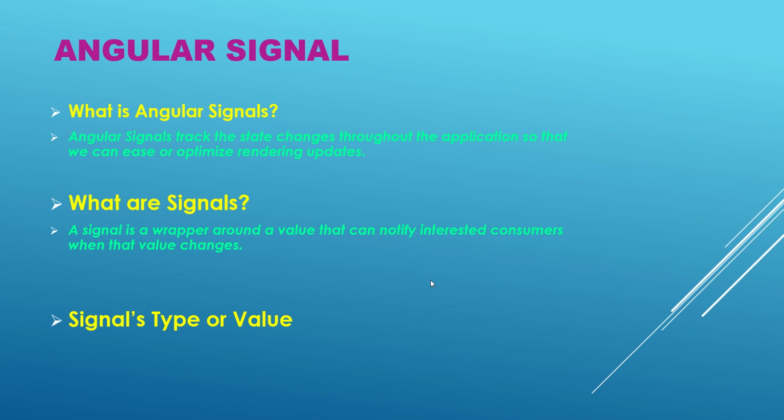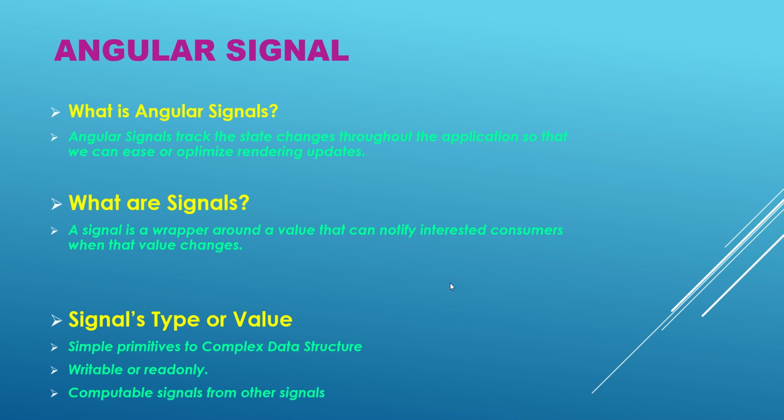So what are the signal types and values? Signals can be of any type, from primitive values to complex data structures. They can be writable or read-only as well, and we can create computed signals from other signals as well. What does it mean?